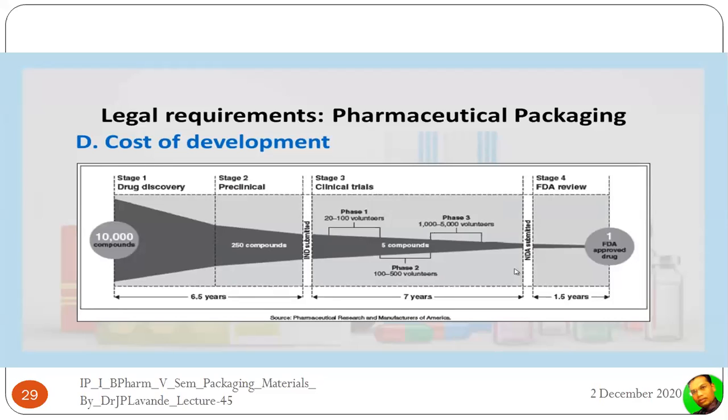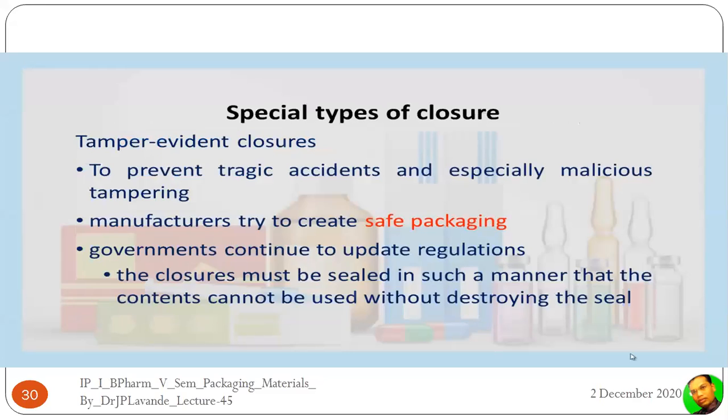So the whole input, the time, money, and efforts, everything goes into waste. Compared to this, working on innovative packaging is the most ideal and suitable, and the most significant process to give rise to a new line of product.